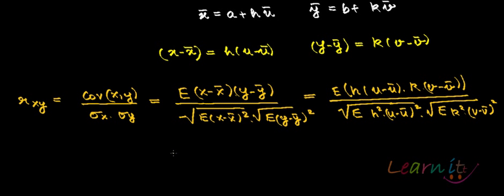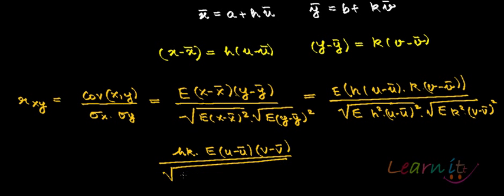Once you simplify this, what you will be getting is hk E of (u minus u bar) into (v minus v bar), whole divided by the root of h square k square into E of (u minus u bar) square into E of (v minus v bar) square.